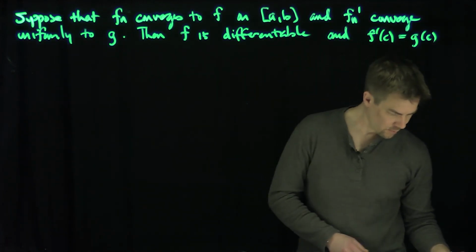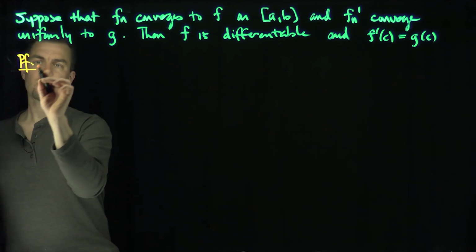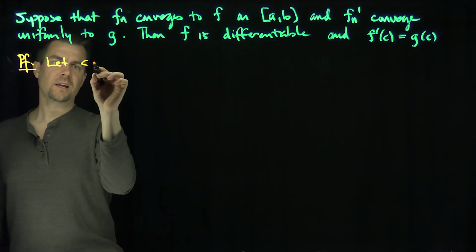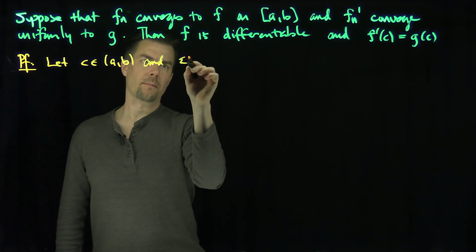So proof: let C be a point in AB and epsilon be greater than 0.